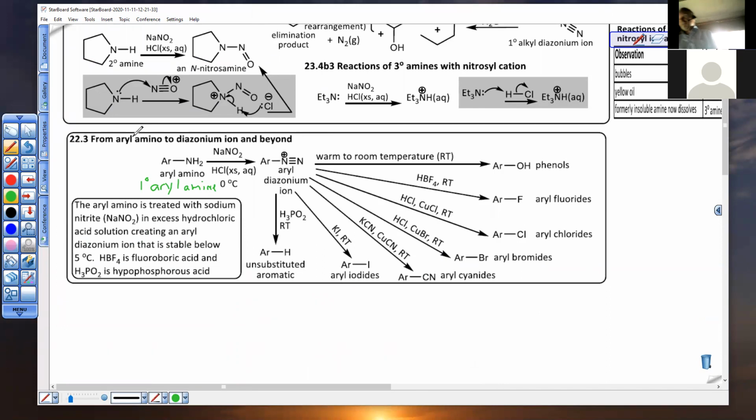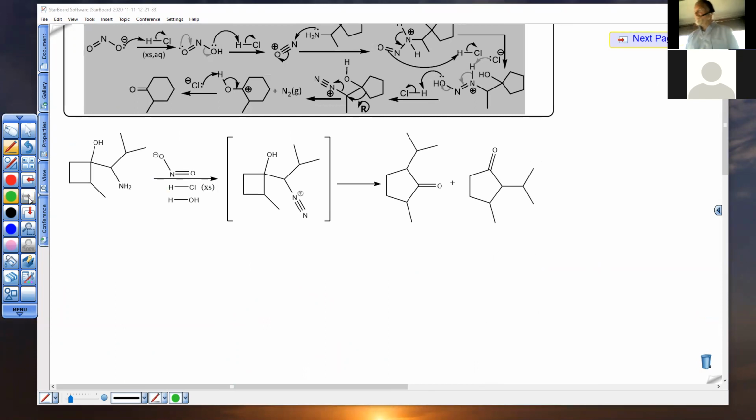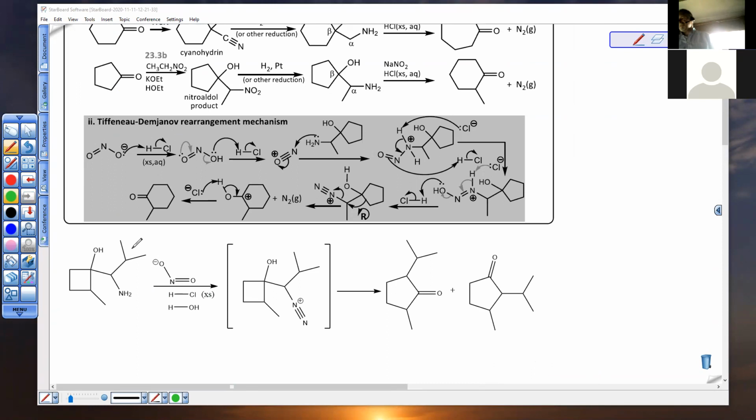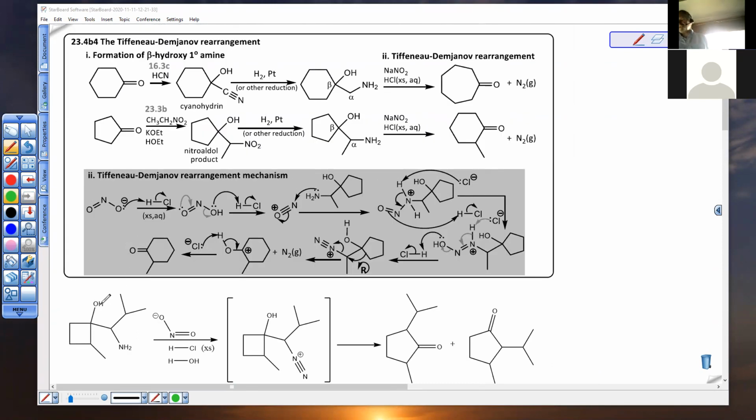Aryl primary amines, very useful for synthesis, as we learned. And let's look at something else we can do with diazonium ions that relates to what we just saw. We made this molecule previously, and as promised, I said I'll show you what we can do with it.